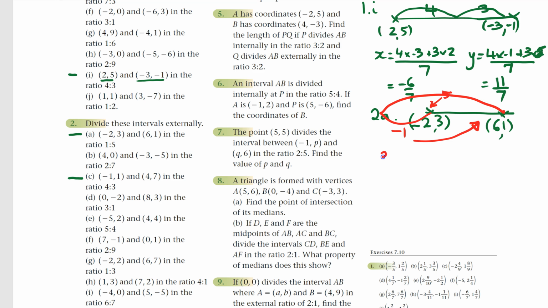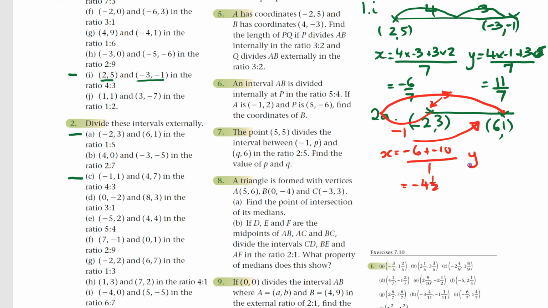So therefore, my x value is minus 1 times 6, minus 6, plus 5 times minus 2, which is minus 10, over 5 plus minus 1, which is 4. So that gives me minus 16 on 4, which is minus 4.5.